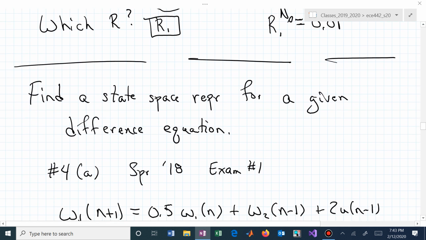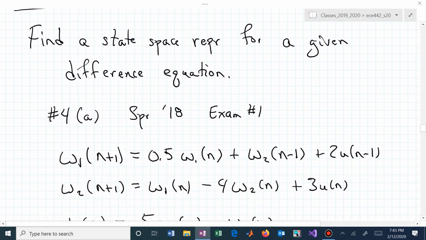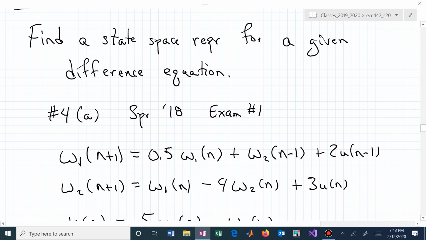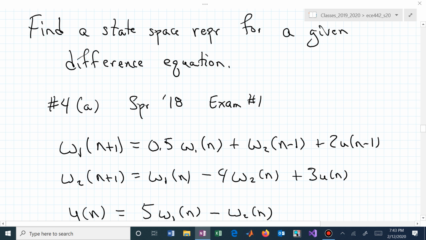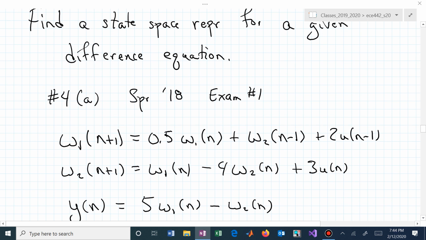As promised. This is from spring of 18, so not last year. I think I was nice or something last spring. I didn't give them this kind of a problem. So be prepared. Find a state space representation for this coupled set of linear difference equations.